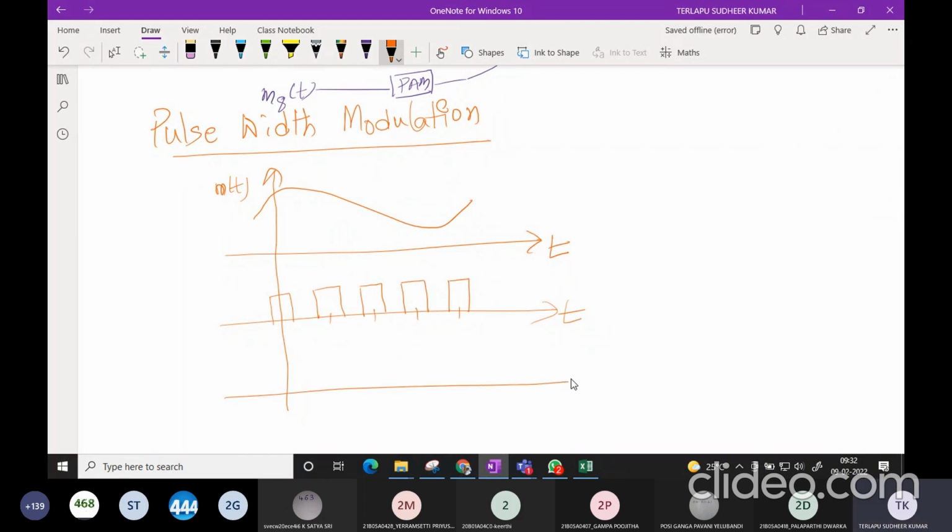Then I have my pulse width modulated signal. Let me draw the pulse train again first, and then after that we'll draw the pulse width modulated signal. This is the same pulse train. I am redrawing it again, the second figure.